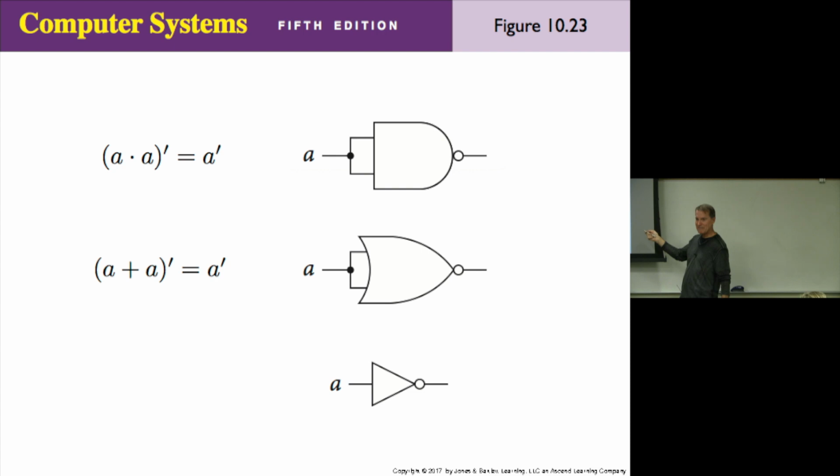You're taking A and then inverting it. But what do we know about A and A? It's just A, by the idempotent property. So that's A prime.